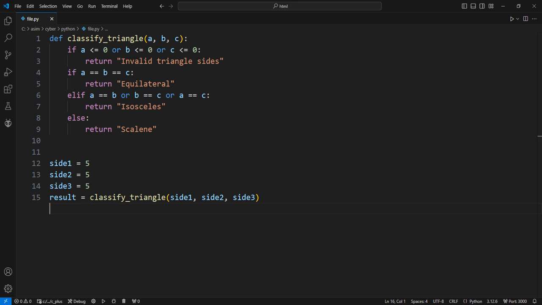Displaying the result. This will print equilateral because all three sides are equal, 5, 5, 5. Now run our code.